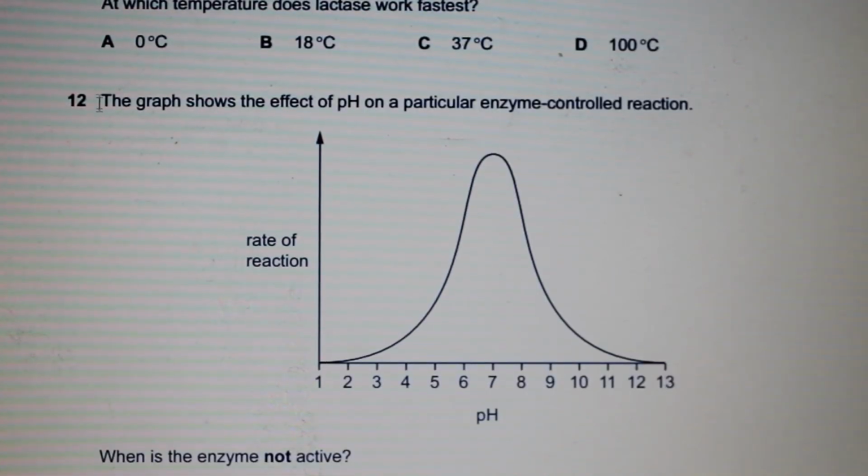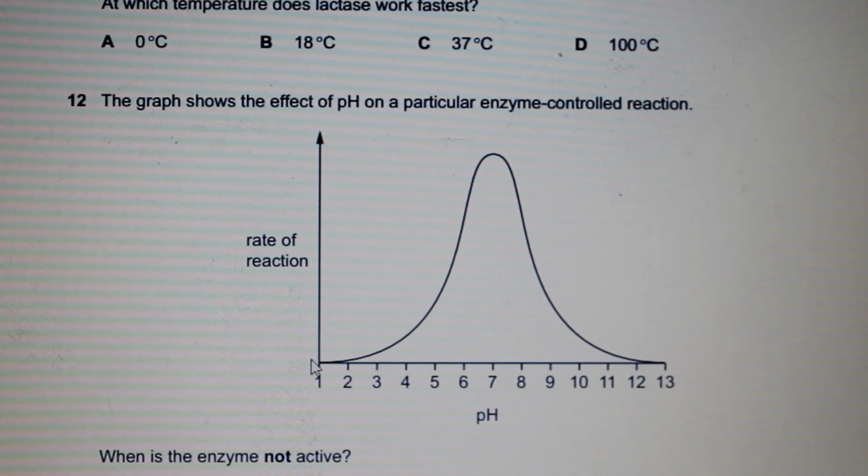So over here we get shown a graph which shows the effect of pH on a particular enzyme controlled reaction. This is our rate of reaction, our pH is over here. So immediately I can see that the rate of reaction is highest around pH 7, maybe 7.5, and over here there's a decrease in the rate of reaction to one where there's probably no rates.